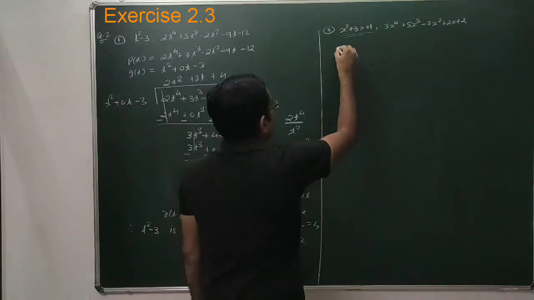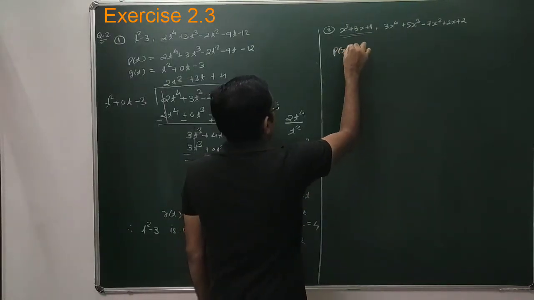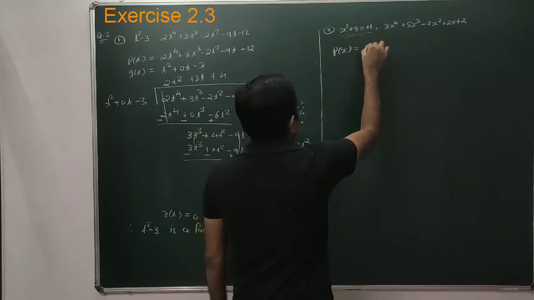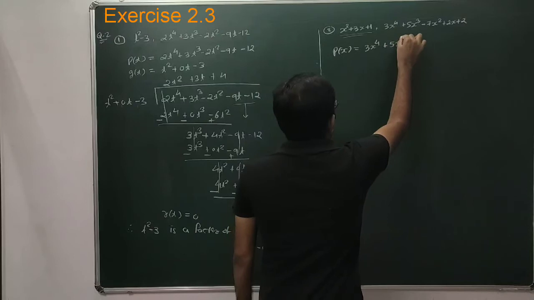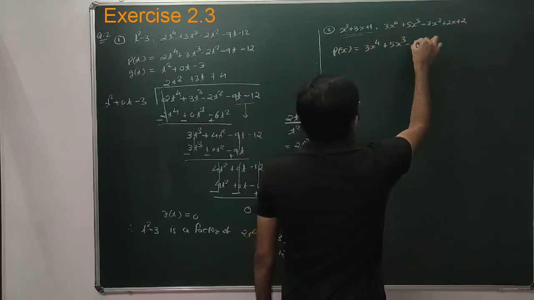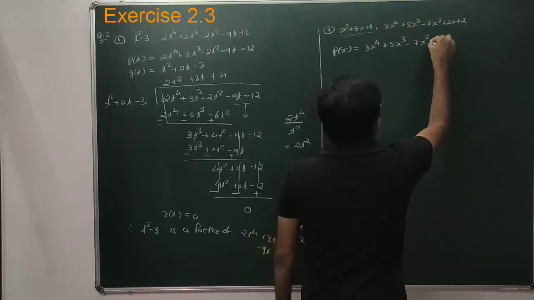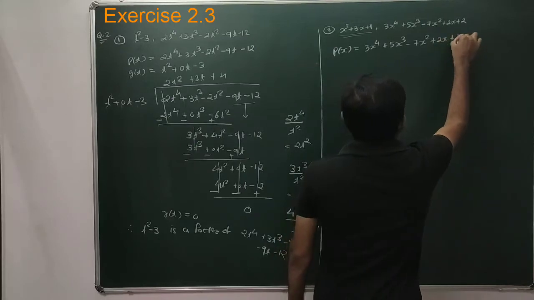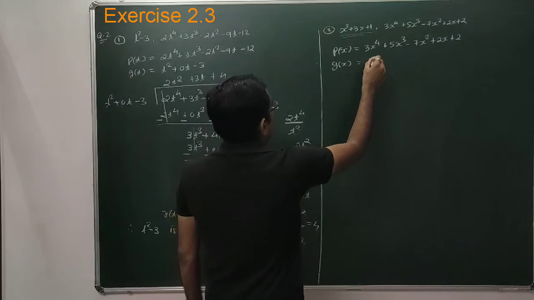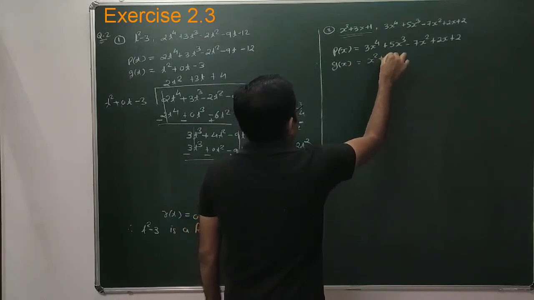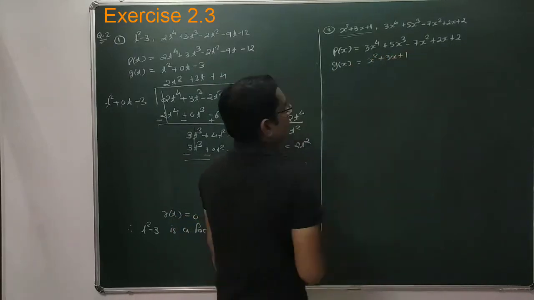So now our dividend polynomial p of x, which is 3x raised to 4 plus 5x cube minus 7x square plus 2x plus 2. Divisor polynomial is g of x, which is also in standard form, x square plus 3x plus 1.